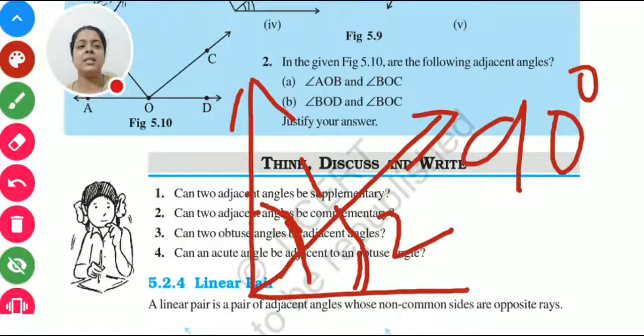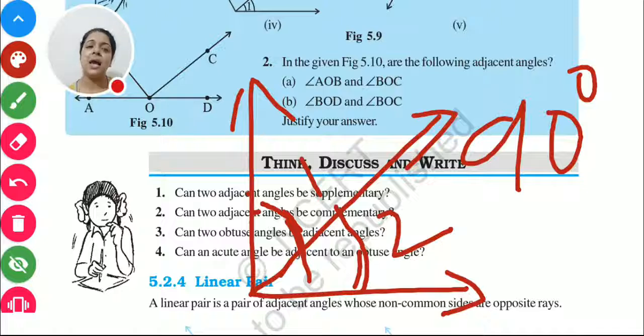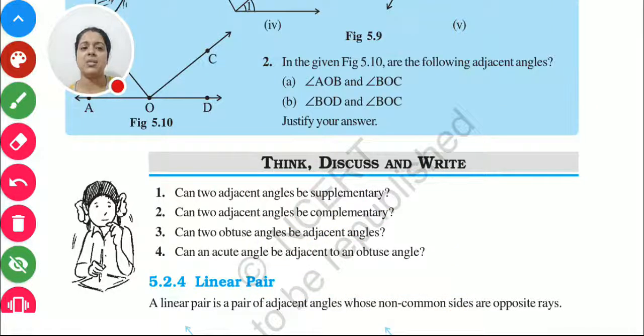So yes, we can easily say that two adjacent angles can be complementary, right? You take two angles, they are adjacent to each other and they form an angle of 90 degrees. So we can call them adjacent to each other and complementary as well.